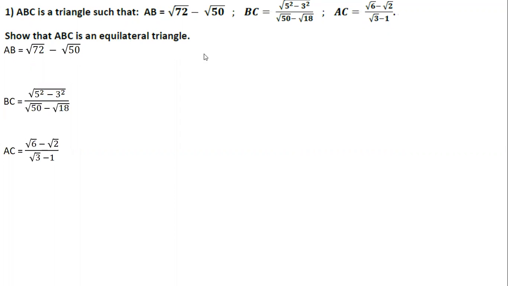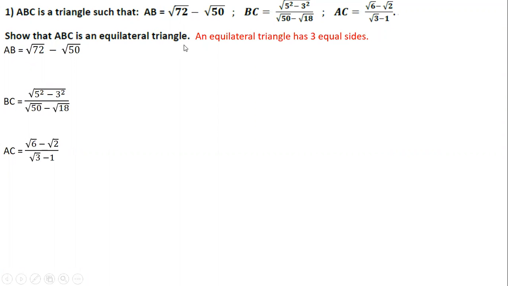It has 3 equal sides. Bravo. So an equilateral triangle has 3 equal sides. In any equilateral triangle, we have 3 equal sides. So to show that ABC is an equilateral triangle, I should prove that AB is equal to BC is equal to AC, right?